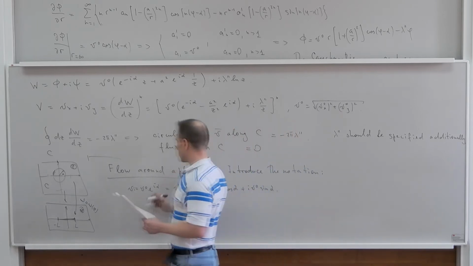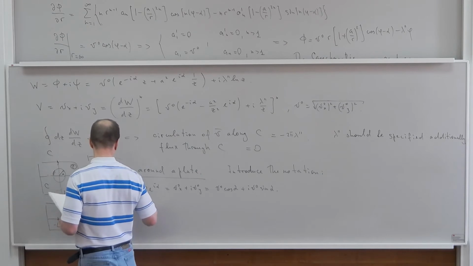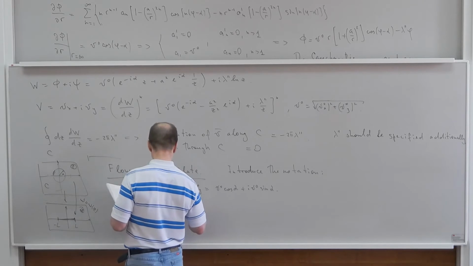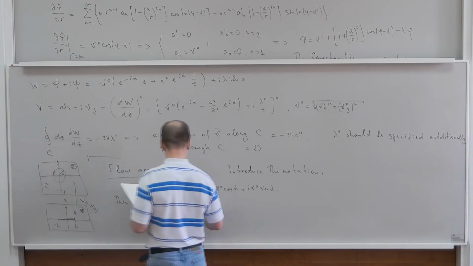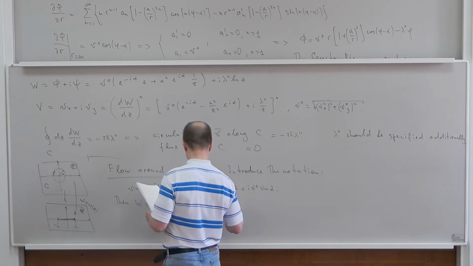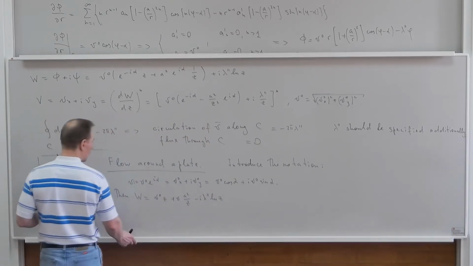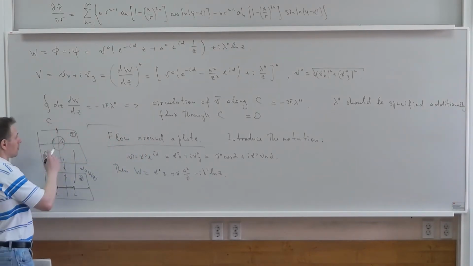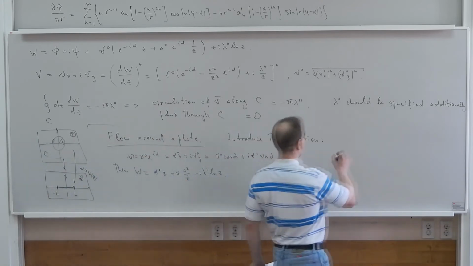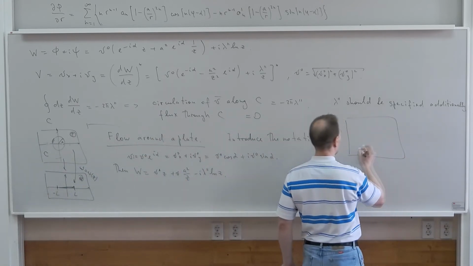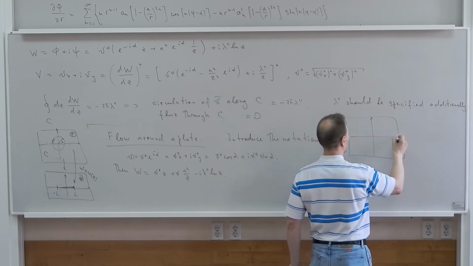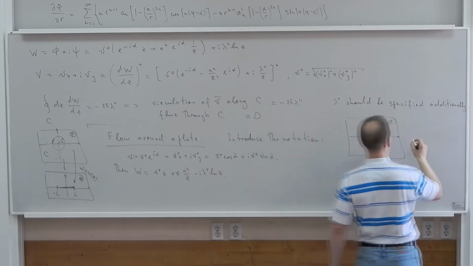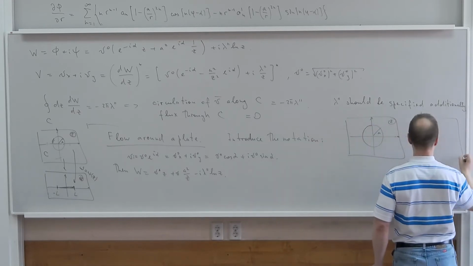Then the complex potential can be cast in the form. After that, we first map the circle of radius A into the circle of unit radius.